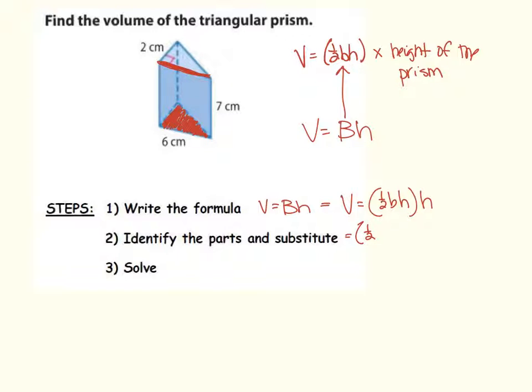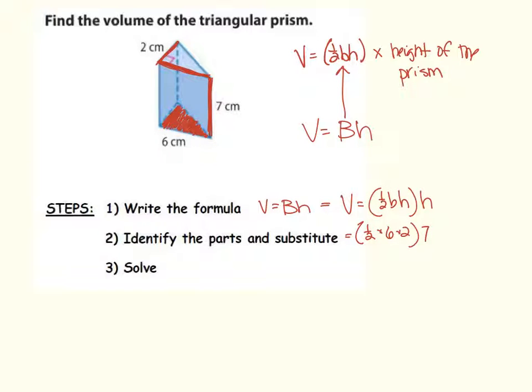That's going to be 6 centimeters. And then the height of the triangle is going to be this, because when they come together, they form that right triangle, so times 2. And then finally, the height of the actual prism, that's going to be your 7.